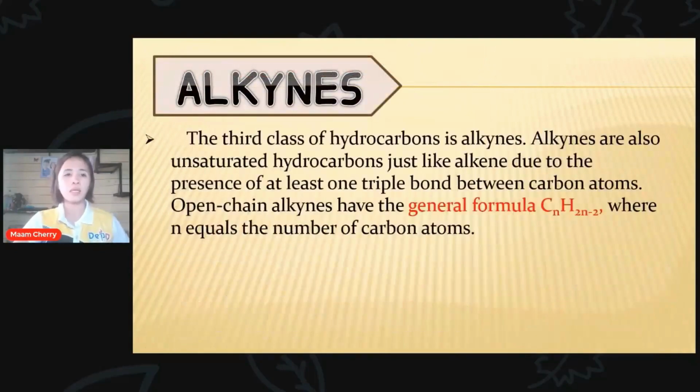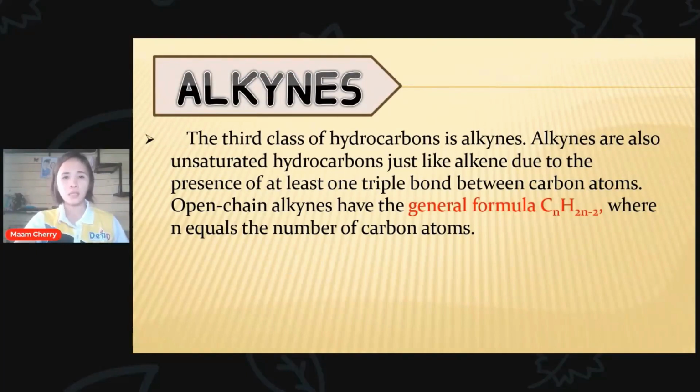Alkynes naman. The third class of hydrocarbons is alkynes, which are also unsaturated hydrocarbons, just like alkenes, due to the presence of at least one triple bond between carbon atoms. Open chain alkynes have the general formula of CnH2n-2, where n equals the number of carbon atoms. Sa alkynes, triple bond na siya.